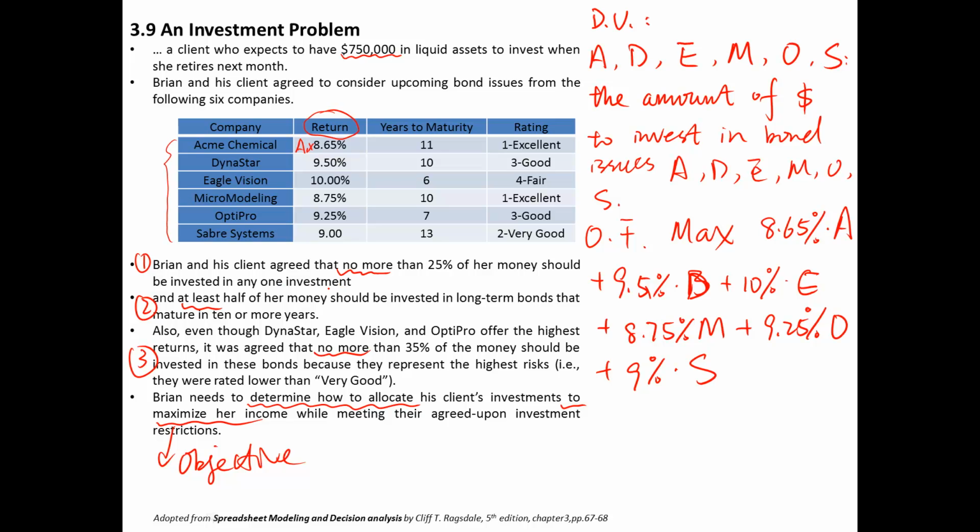So that means the money that we put in A should not exceed 25% of the money invested. And the money that we put in D should not exceed 25% of the total money invested. With the same logic, we're going to write the constraints here. So subject to the amount of money we put in A should be less than or equal to 25% of the total money invested, which we assume is the 750,000.